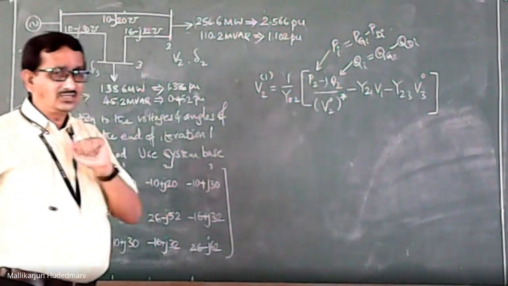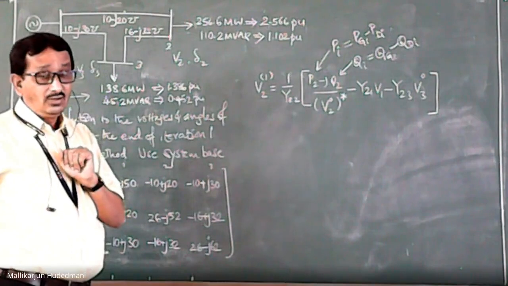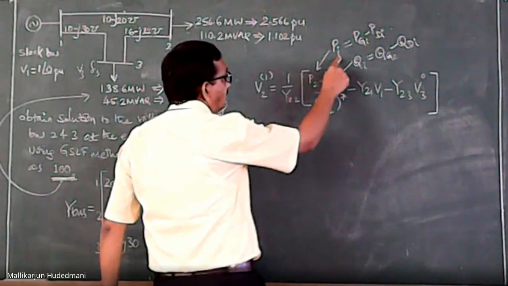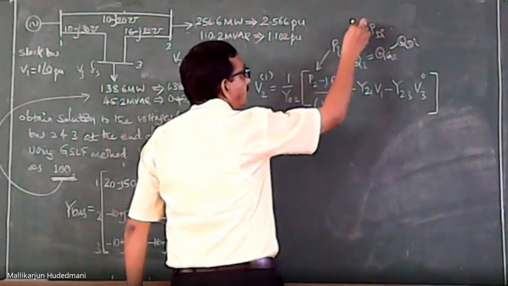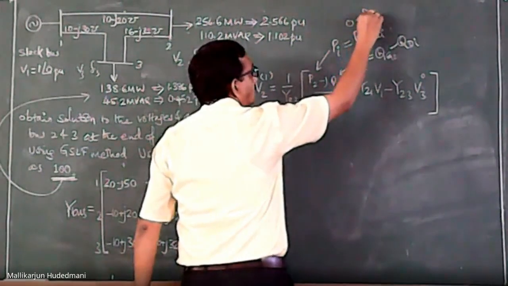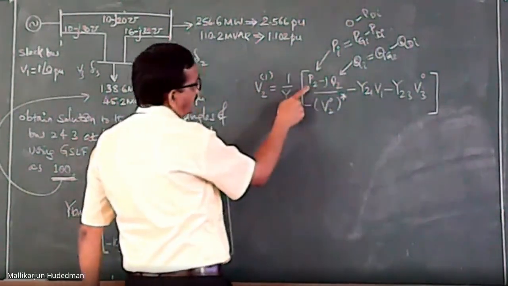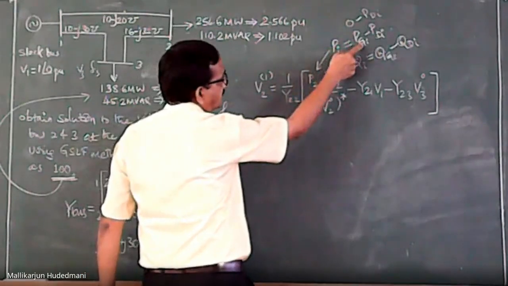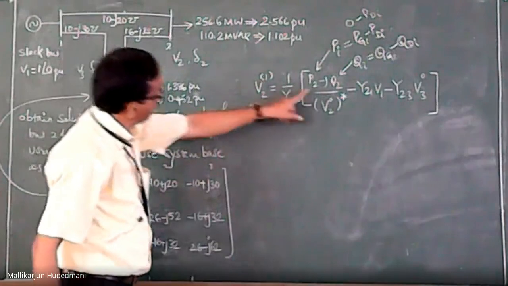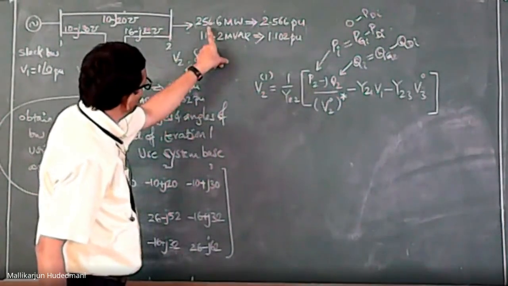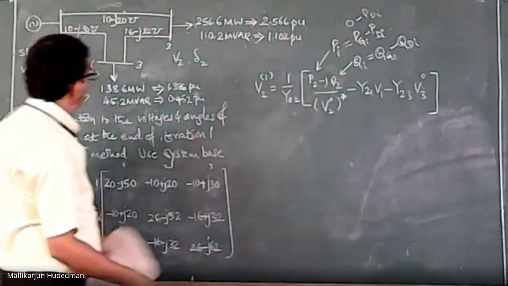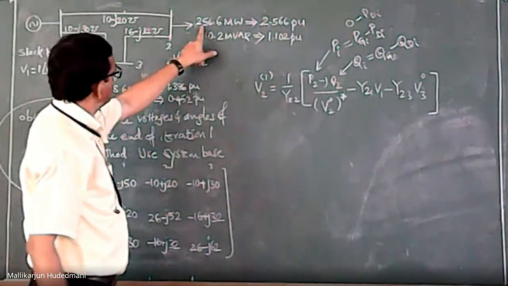Now, why does this matter to you? It matters because Pi refers to PGi minus PDi. If PGi is 0, what does it refer to? Minus PDi. Whatever term you are supposed to write here is no generation, only demand. That demand is negative. I wrote the bus number opposite, so, yes, I am correct. Bus 2 is here only.